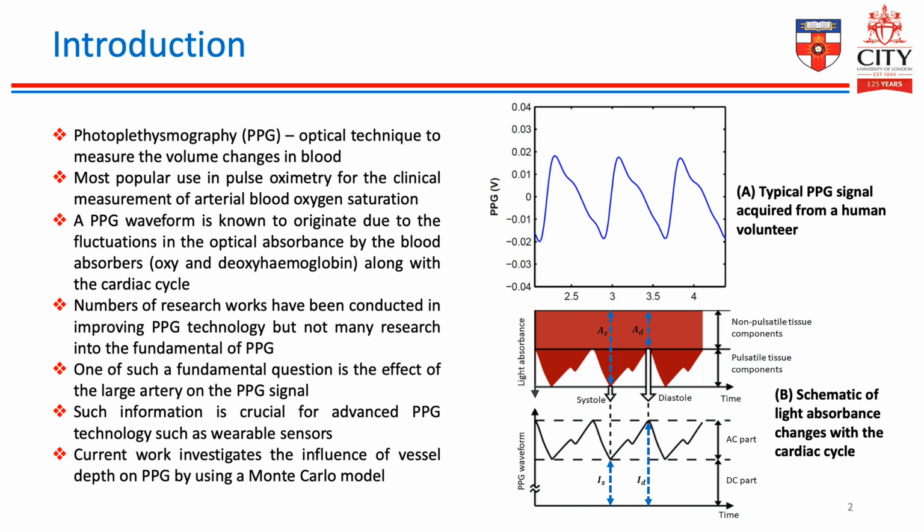These kinds of studies are very important for any wearable sensor design. For example, if we design a wristband sensor, then how the underlying radial artery will affect the PPG signal is very important to understand for specifications of the sensor. So the current work investigates this aspect, and we use a Monte Carlo model for this work.